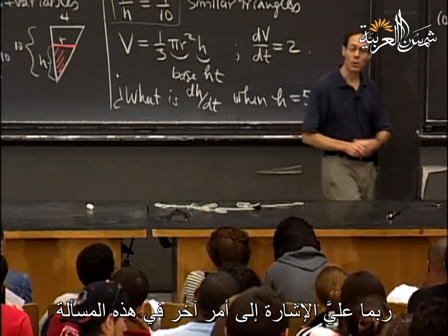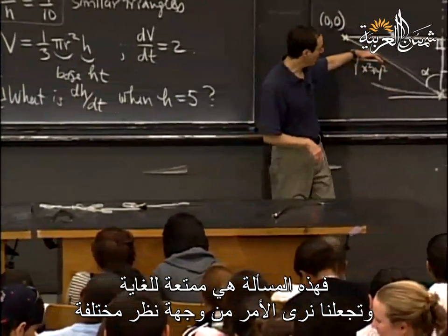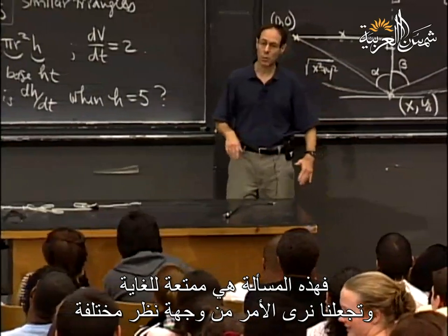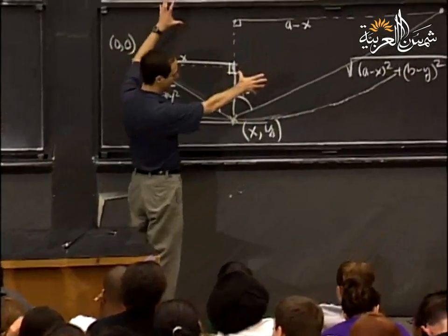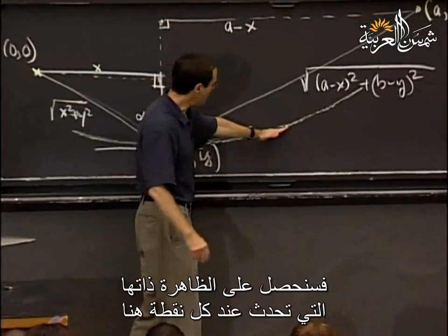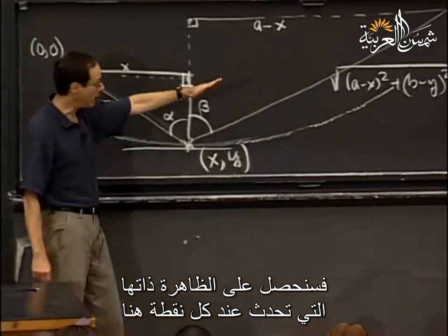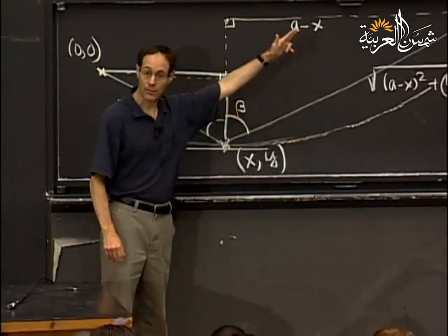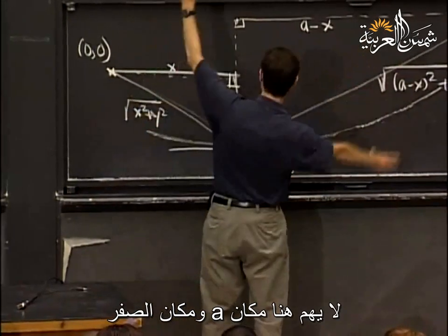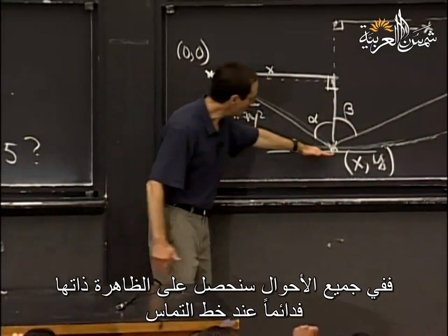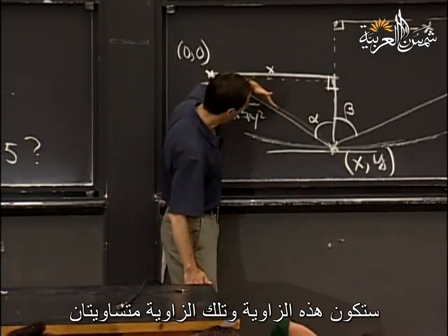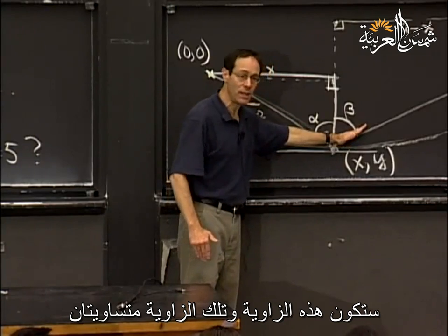Maybe I'll just mention one more thing about this problem. So this is a very amusing problem from a completely different point of view. If you sort of roll the ellipse around, you get the same phenomenon from each place here. So it doesn't matter where A and 0, 0 are, you'll get the same phenomenon. That is the tangent line, so this angle and that angle will be equal.